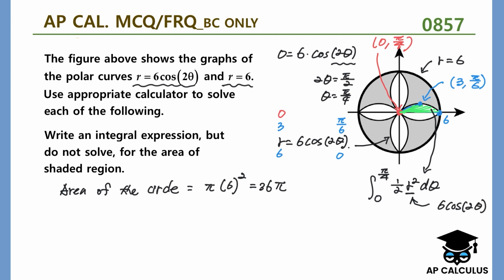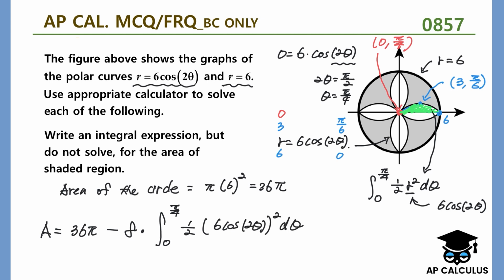This definite integral represents the area of this part only, so we're going to have to subtract 8 times this area from the area of the circle. So the area of the shaded region is the area of the circle minus 8 times the integral from 0 to π/4 of 1/2 (6 cos 2θ)² dθ.